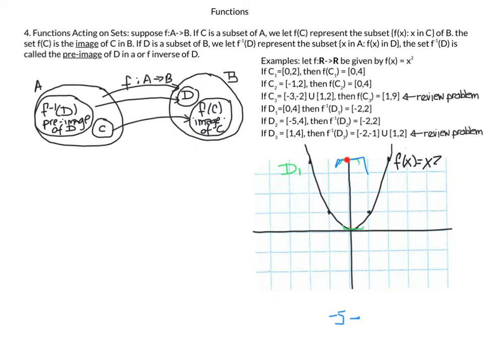And to go from 0 to 4, that's actually the same as the other problem. So we're looking at which values of x will give us values between here and here, and you can see that those are the same x values, -2 to 2. This third problem here is also saved as a review problem.